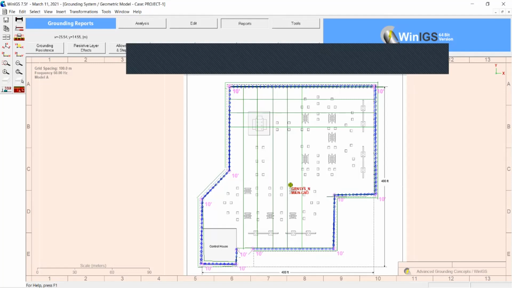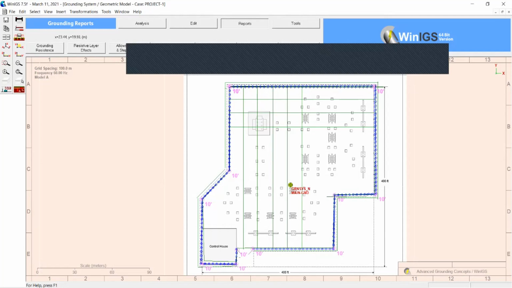Now see, many things we have: grounding resistance, resistive layer effect, allowable touch and step voltage, equipotential and safety assessment, everything we have. So all of those things we'll analyze now. This is the part of our analysis.